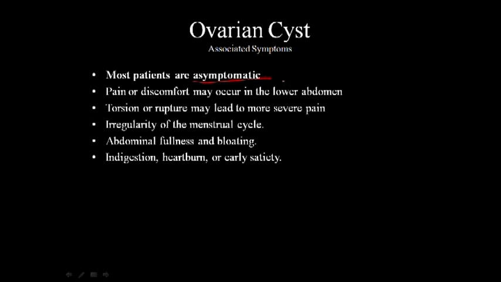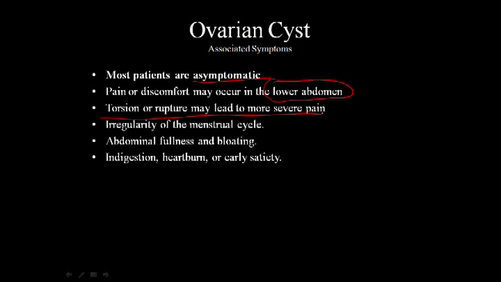Pain or discomfort may occur in the lower abdomen. Usually it is lower abdominal or lower pelvic pain. Torsion or rupture may lead to more severe pain. Torsion works much the same way as male torsion, and it can lead to very severe pain, almost like someone slicing the abdominal cavity open without any anesthetic.